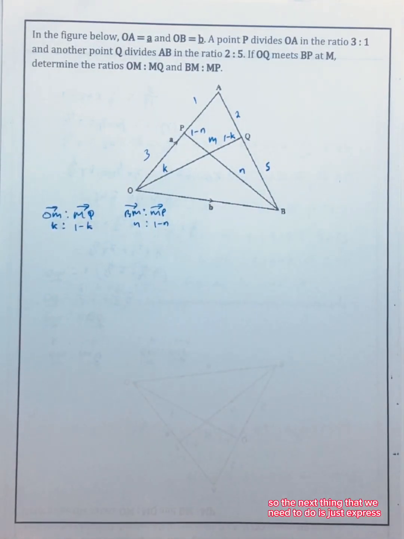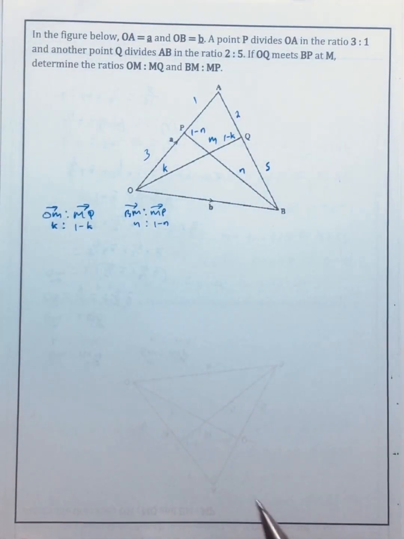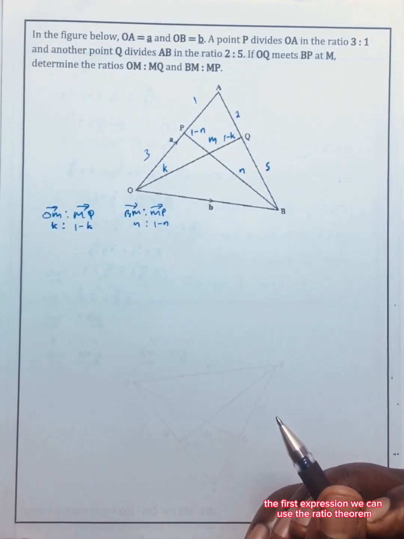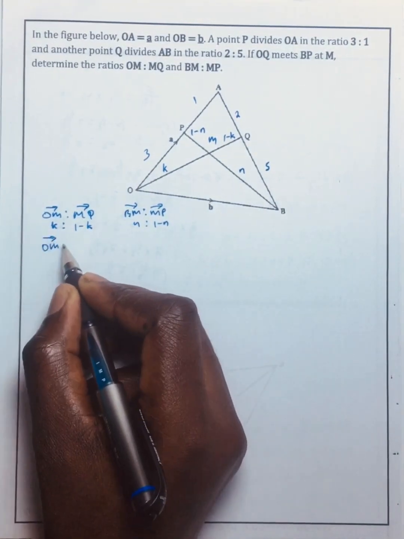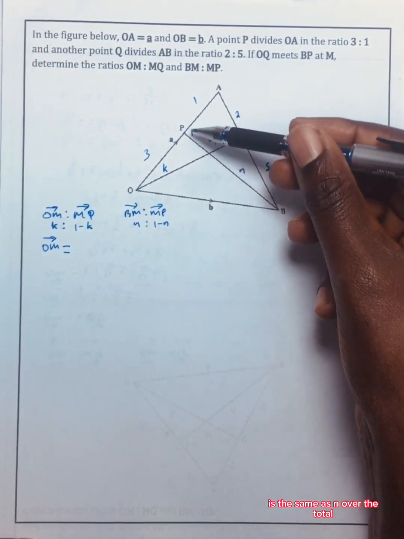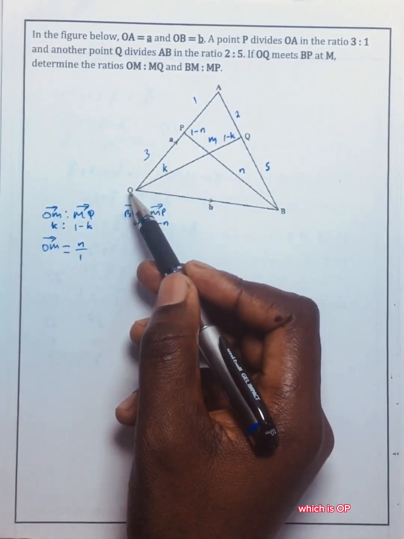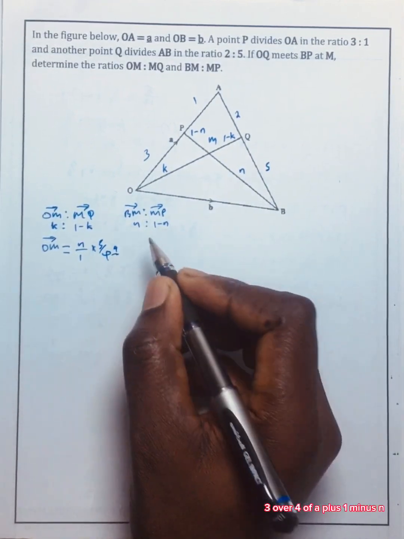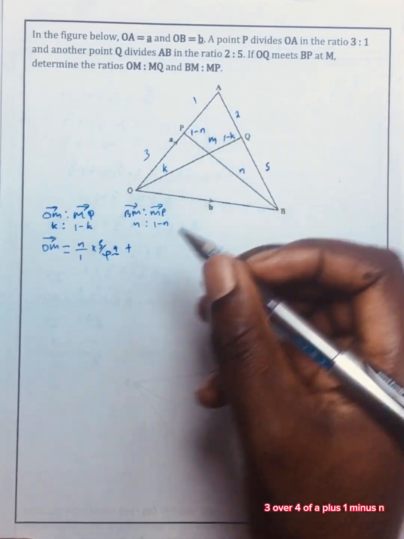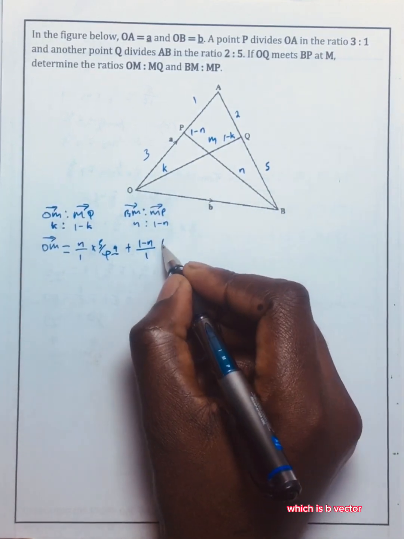So the next thing that we need to do is just express one of these vectors in two different ways. So we can take OM and express it in two different ways. The first expression, we can use the ratio theorem, so that we have OM is the same as N over the total, which is 1, N over 1 of the alternate vector, which is OP, and OP is 3/4 of A, plus 1 minus N over the whole thing, which is 1, times the alternate vector, which is B vector.